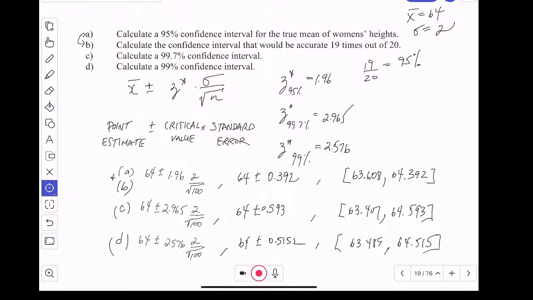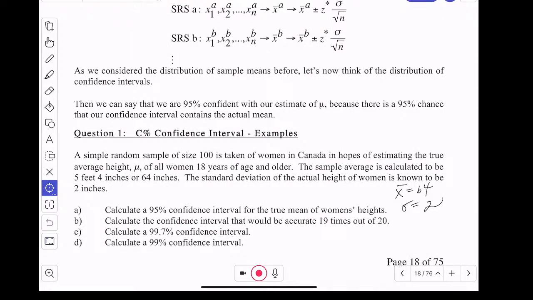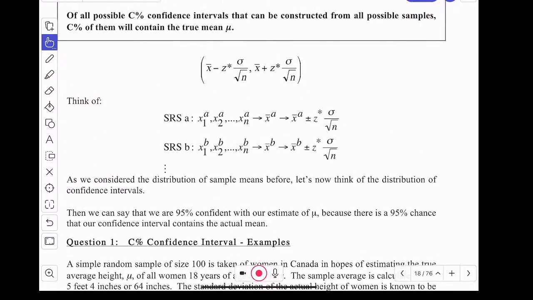So what is a confidence interval then? Here's my explanation.